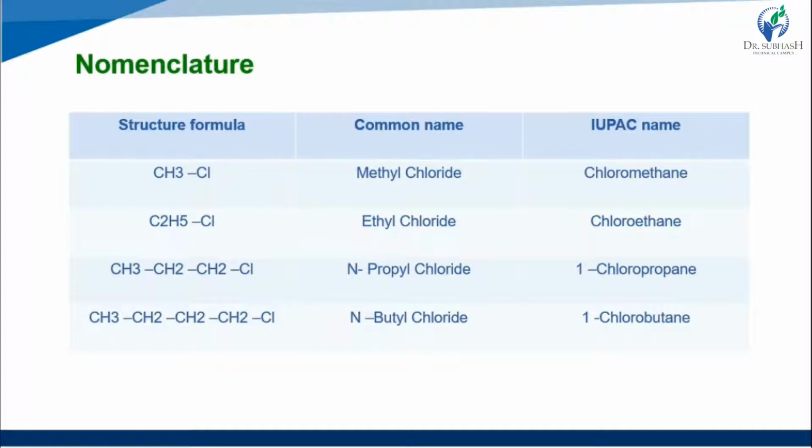Then CH3CH2CH2Cl: common naming n-propyl chloride, and IUPAC naming 1-chloropropane. The fourth example, with four carbons, butyl: CH3CH2CH2CH2Cl. Common naming n-butyl chloride, and IUPAC naming 1-chlorobutane. So this is the nomenclature of the alkyl halides.